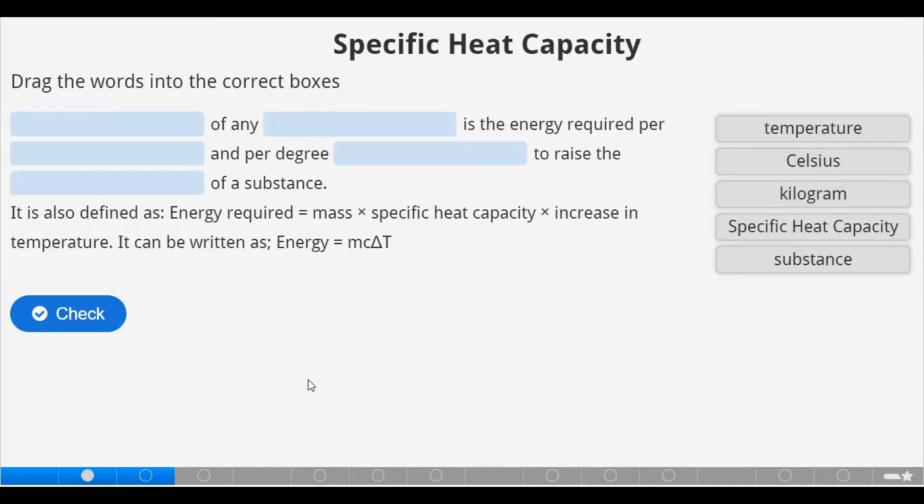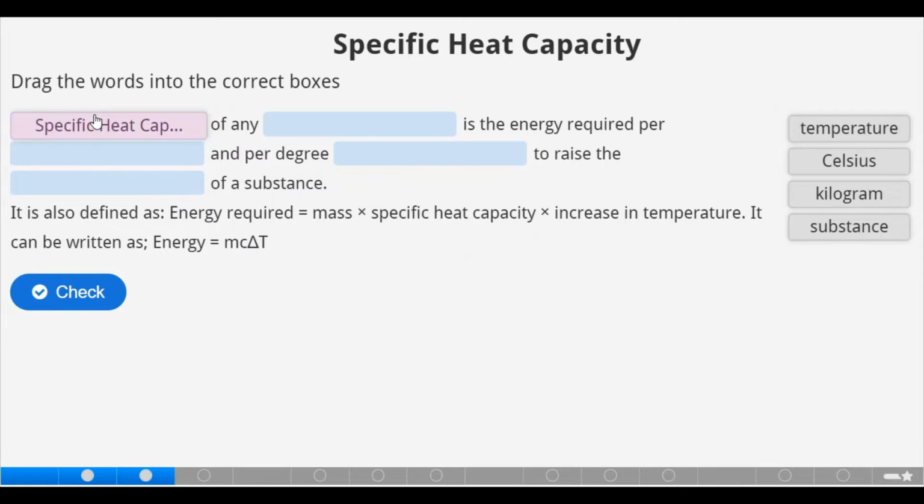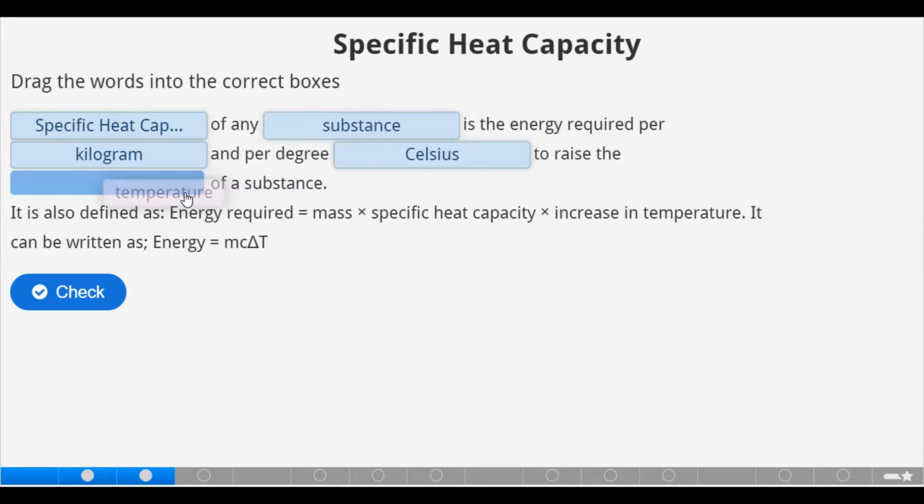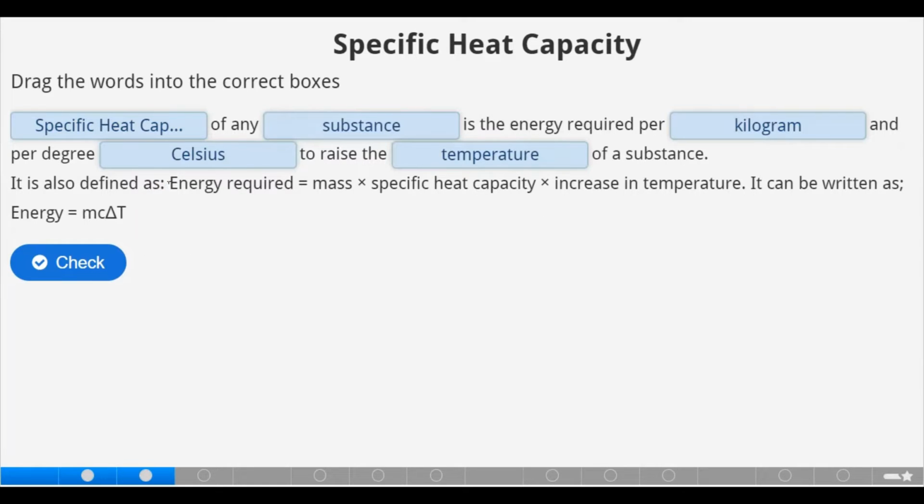Specific heat capacity. We are also to drag the following words into the correct boxes. Specific heat capacity of any substance is the energy required per kilogram and per degree Celsius to raise the temperature of a substance.